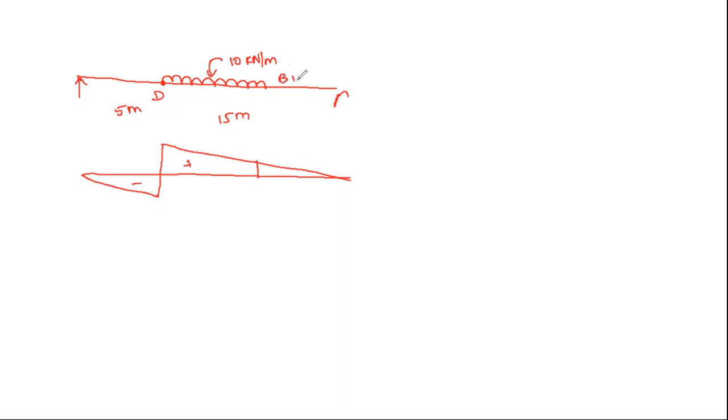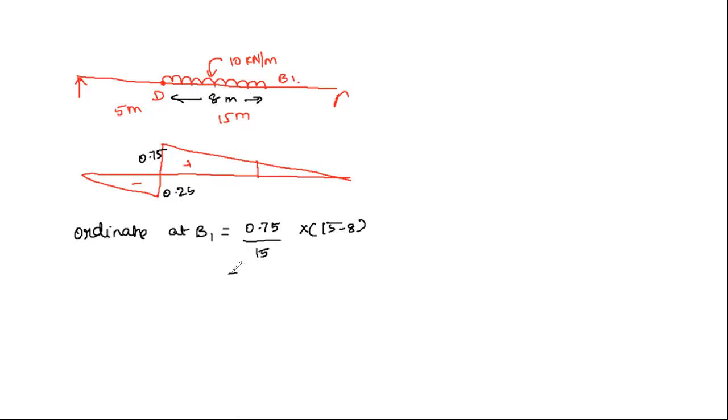So what will be the ordinate under B1? So ordinate at B1 equal to 0.75, that is here it is L minus a by L, that is 0.75, and a by L is 0.25. 0.75 divided by 15 into 15 minus 8. This is total distance and 8 is the length of the UDL.